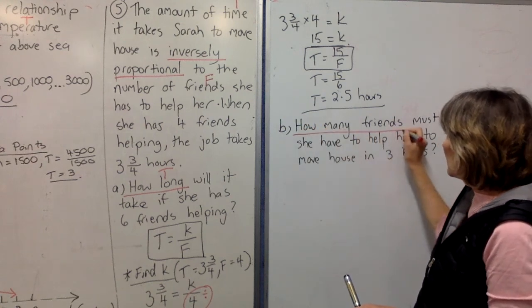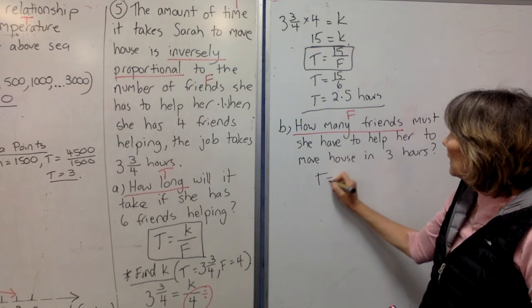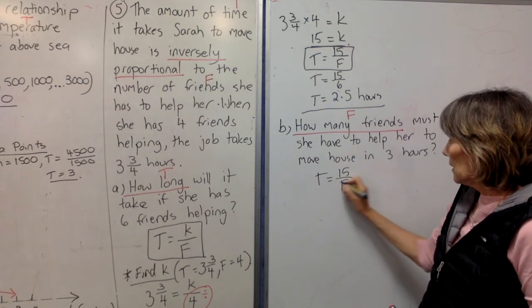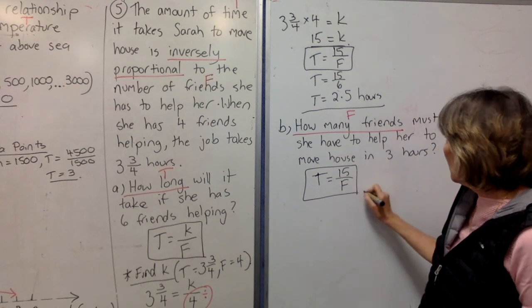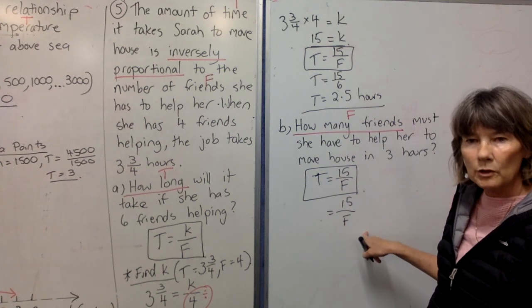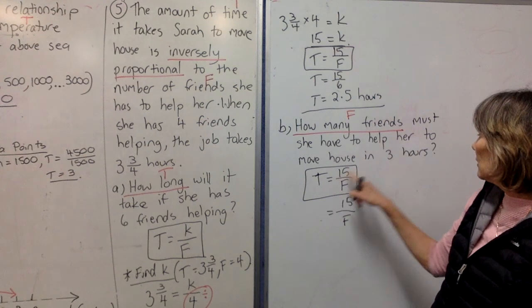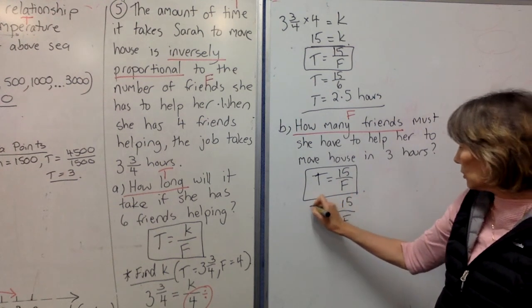How many friends? So we're looking for F this time. Start with your formula that we created. There's your formula. Now we're going to use it. We're looking for friends. Not literally looking for friends, but we're looking for the value of the number of friends. Okay, and the time is 3 hours, they've told you here.